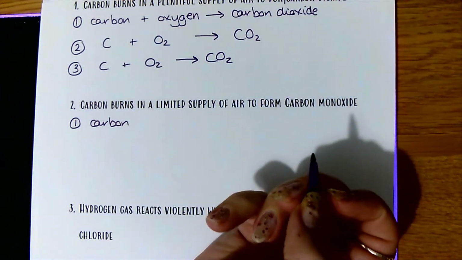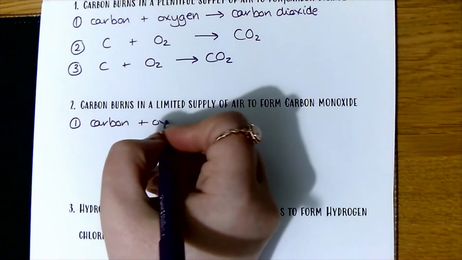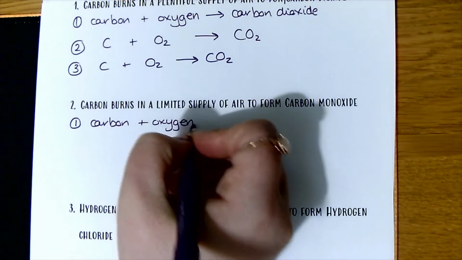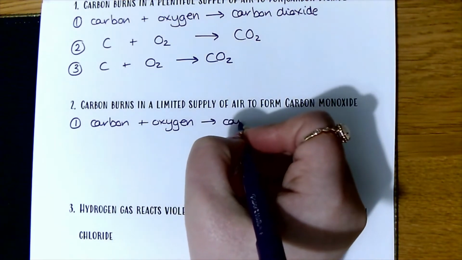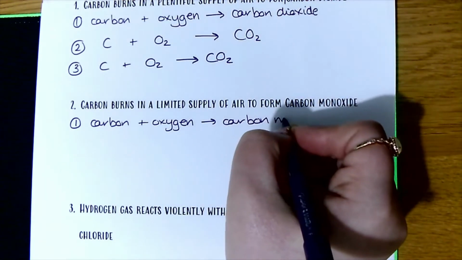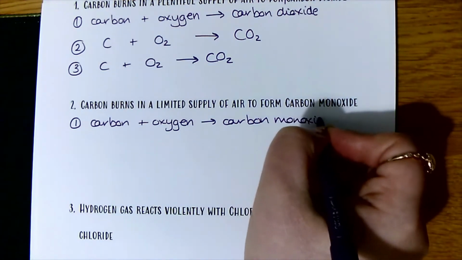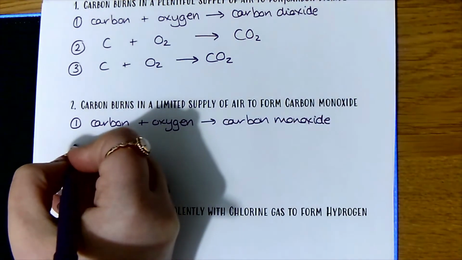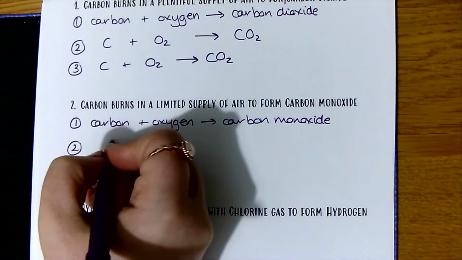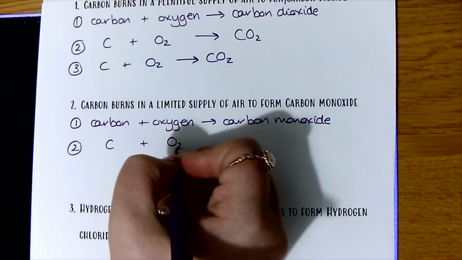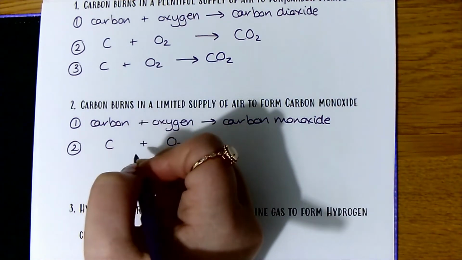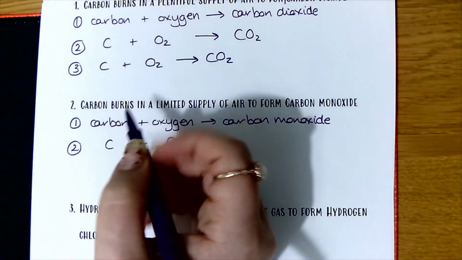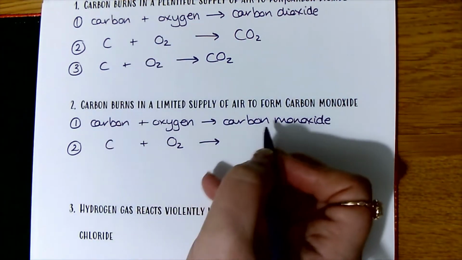Carbon burns in a limited supply of oxygen to form carbon monoxide. Our formula equation is the same for our reactants as in number 1. This time it changes when it comes to our product.